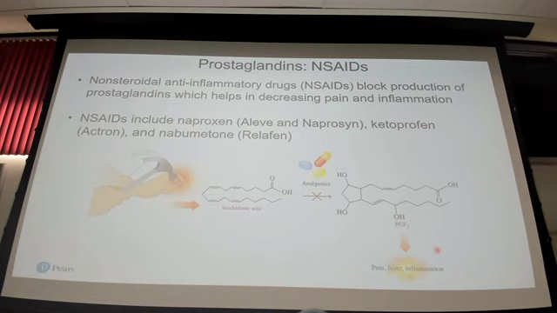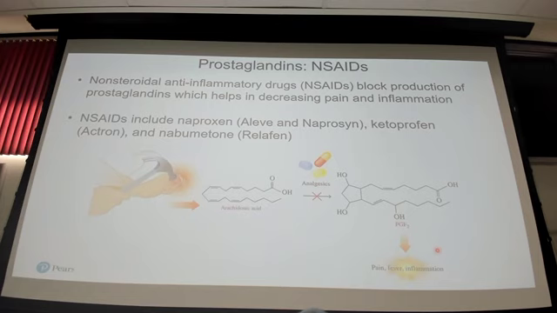So we would use a non-steroidal anti-inflammatory drug such as naproxen. That is what we would use to treat this condition, and what an NSAID does is block the conversion of arachidonic acid into the prostaglandins, and it does this by blocking the COX-1 cyclooxygenase 1 enzyme.